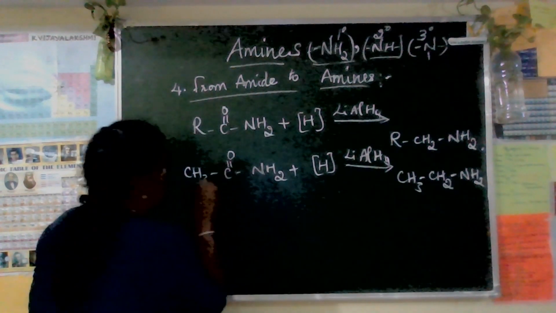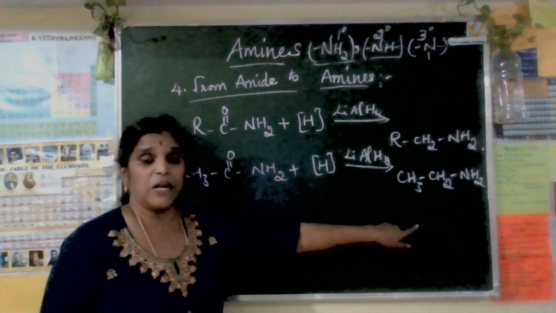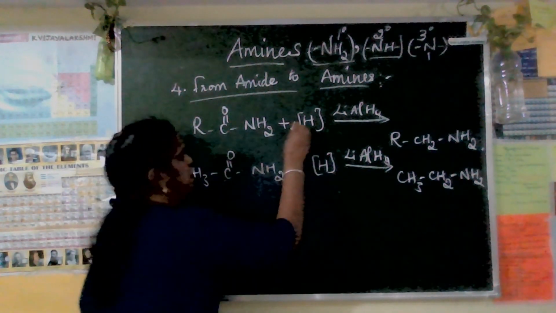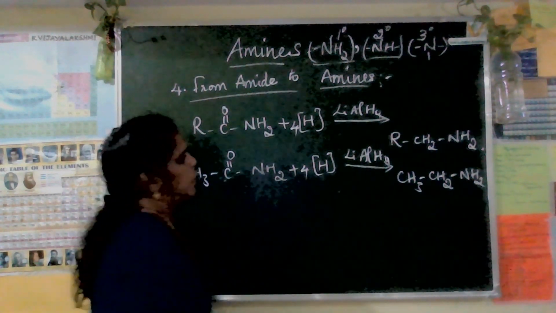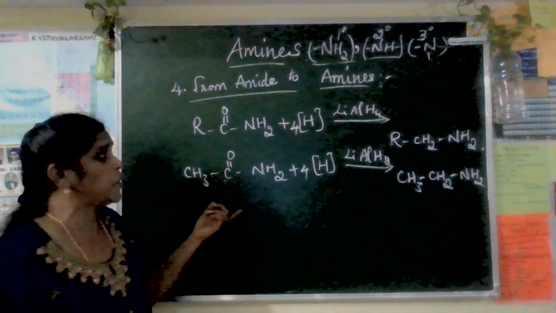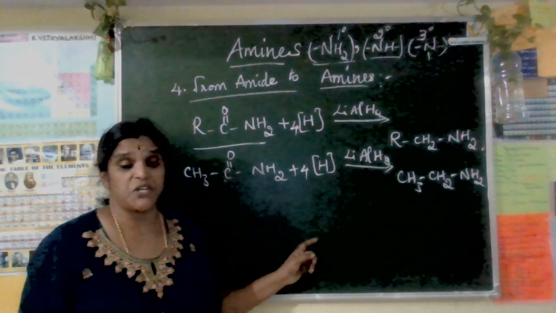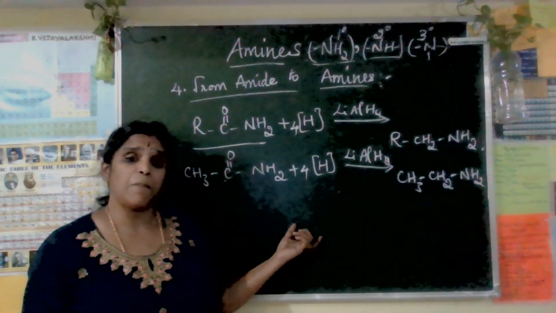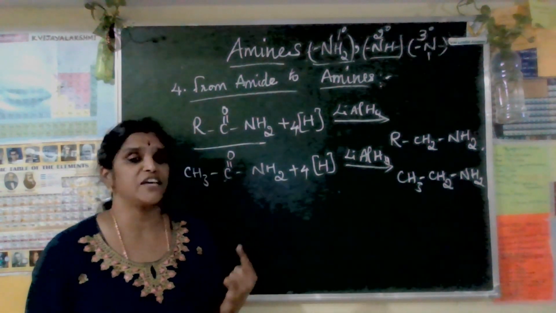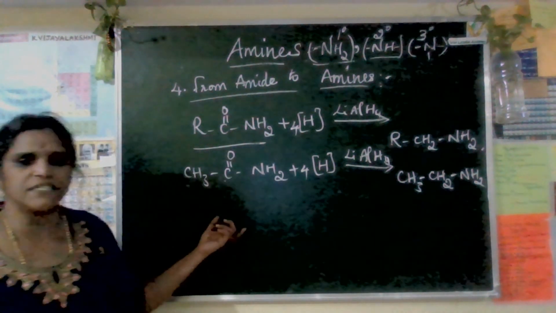So the carbon count is the same here, 1, 2, so you are getting primary amine only. Please remember, you are getting primary amine only, and here it is 2, 2. Okay, hope you are clear with this point to be noted. It's very very important. Okay, now the next question, Gabriel phthalimide reaction, it's a very famous reaction, and Hoffmann's degradation. These are the two questions we are going to see. Hope you're clear with this.